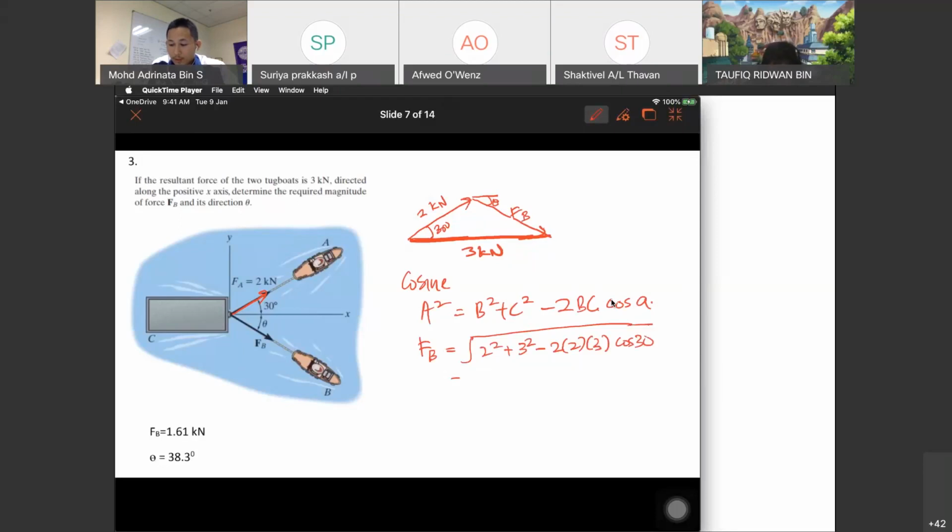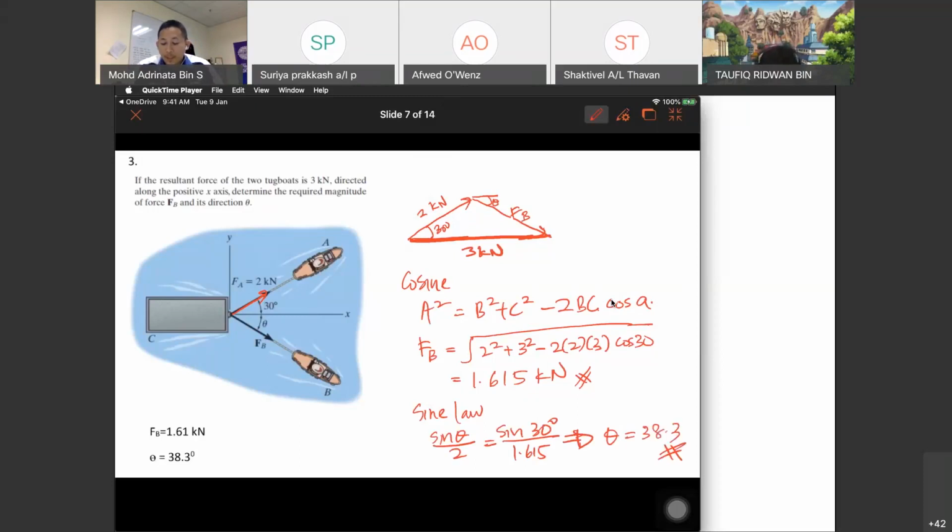So we got 1.615 kilonewton. Then using sine law, we got sine theta over 2 equals sine 30 over 1.615. So we get our theta equals 38 point. So this one is a bit easier.